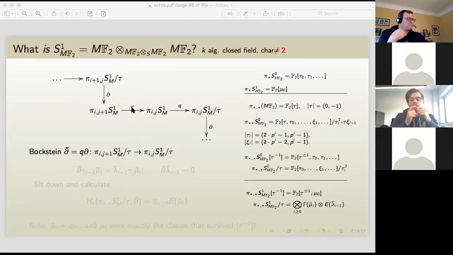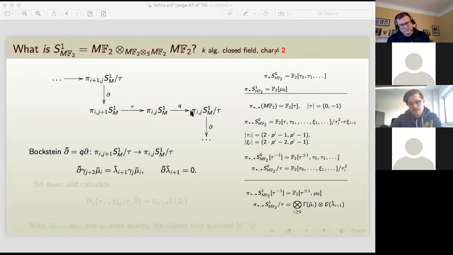So here, this is multiplication by tau. This is just the quotient from the Matific Hochschild homology to the mod tau Matific Hochschild homology. And this is the boundary operation. And the Bockstein is, of course, what you get if you use the boundary operation, you get here, and then you use the projection back again.